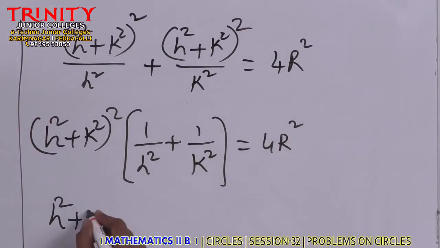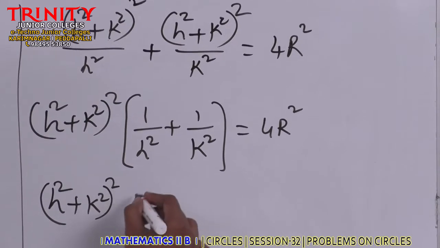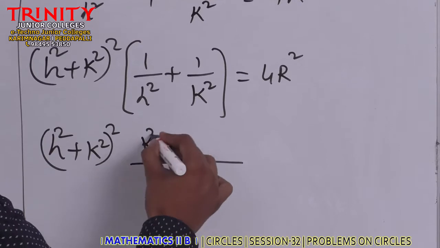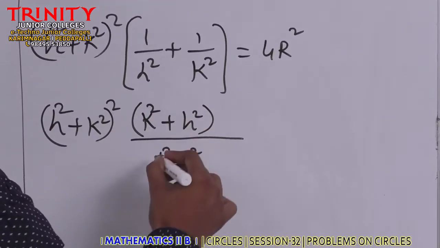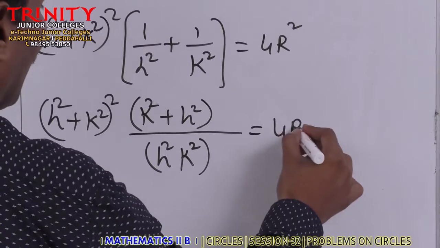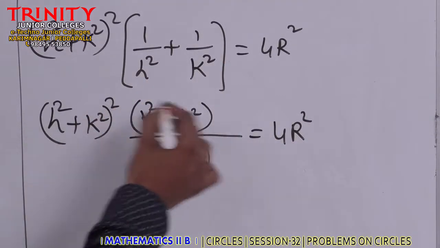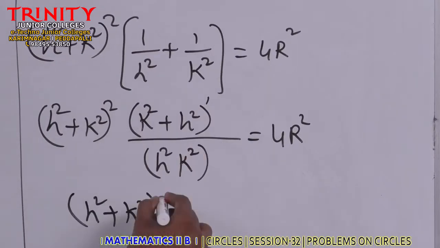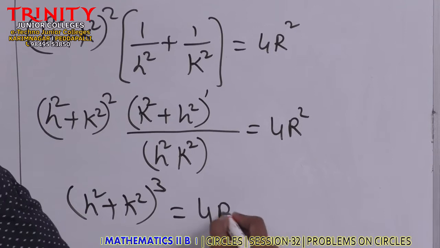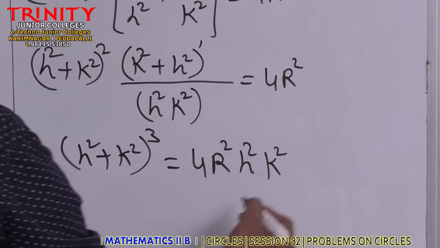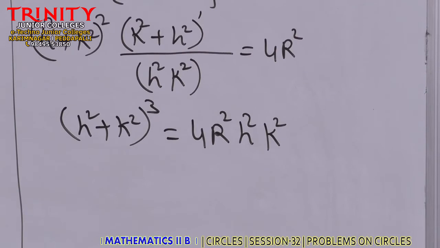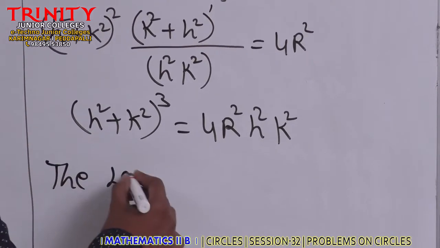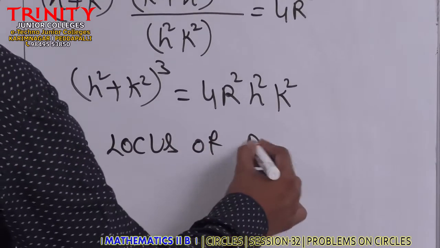We take the LCM, which is h square into k square, giving k square plus h square over h square k square. So (h square plus k square) whole square into (h square plus k square) equals 4R square h square k square, that is (h square plus k square) cubed equals 4R square h square k square. This is the locus of the point P(h, k), the foot of the perpendicular.